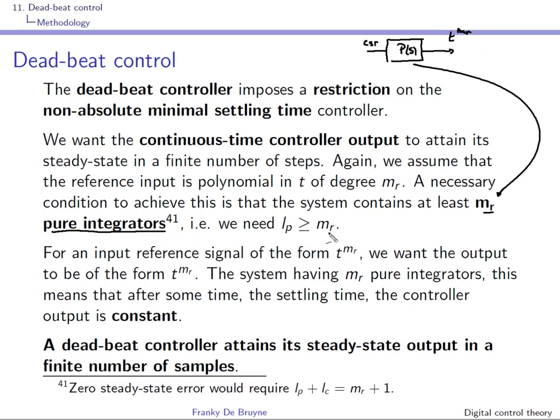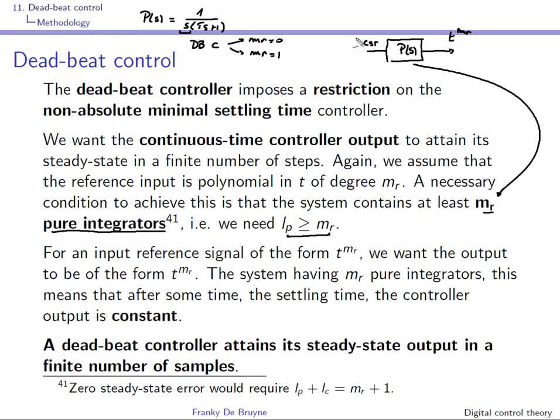So we need lP larger or equal to mR. So with our process, that is 1 over s(Ts plus 1), we have one integrator in the system. This means that we can implement deadbeat control with mR equal to 0 and mR equal to 1. We'll come back to that.